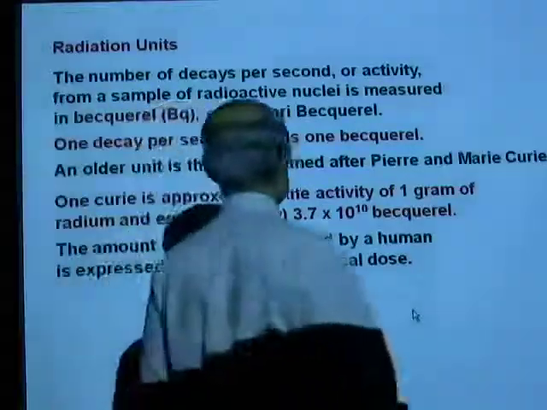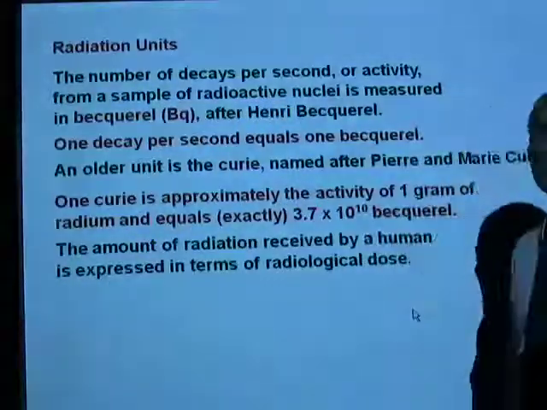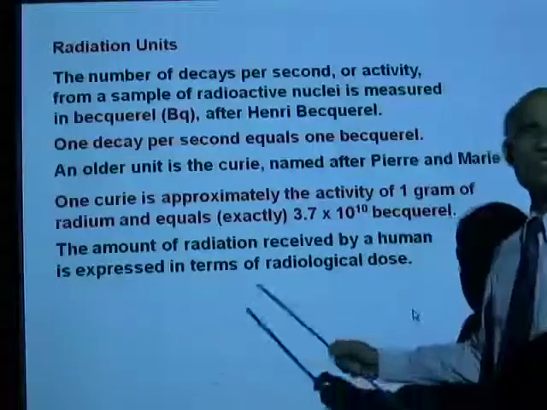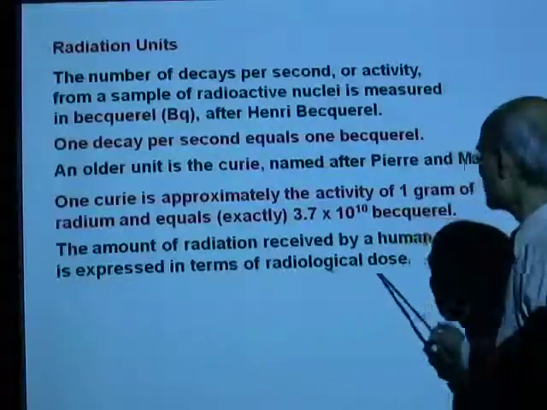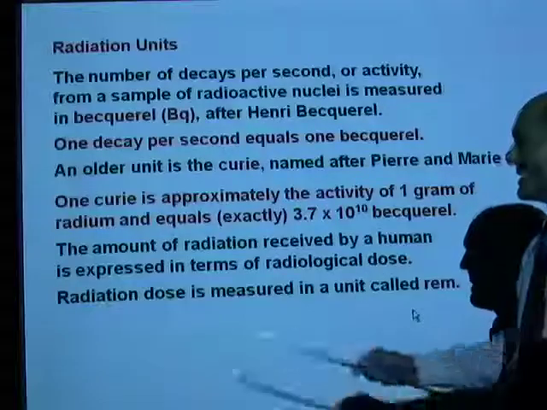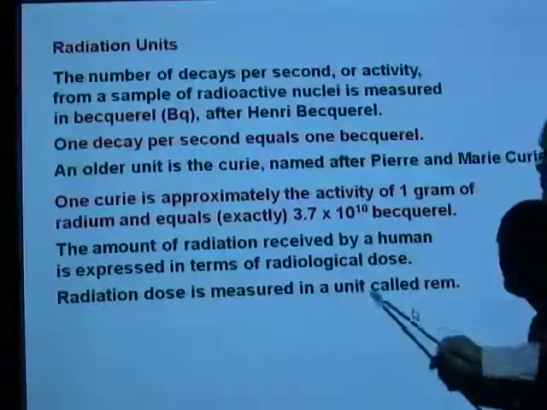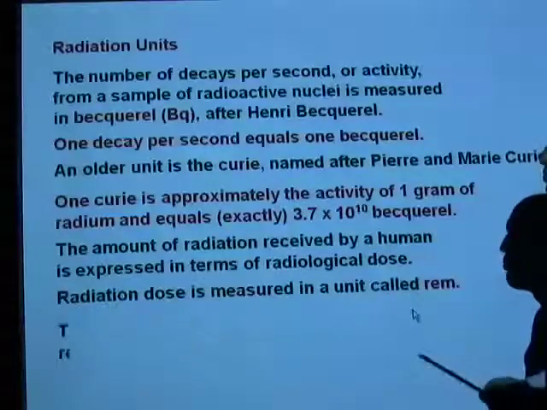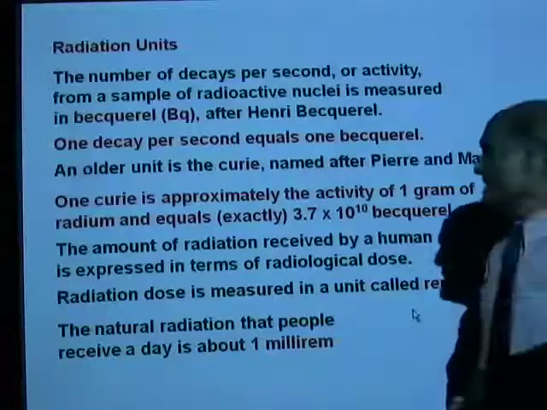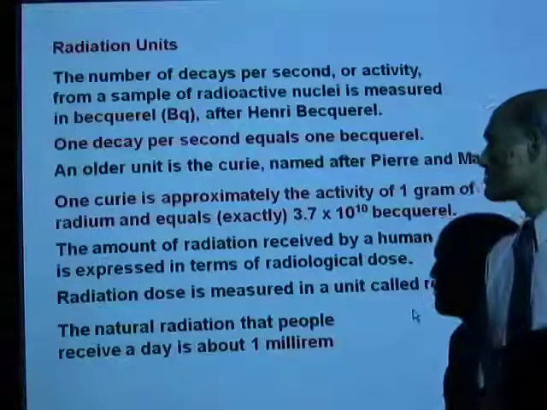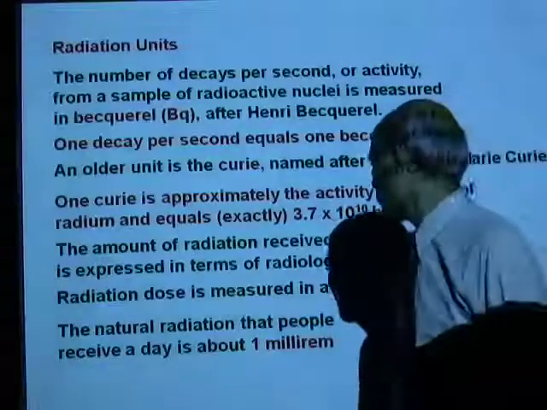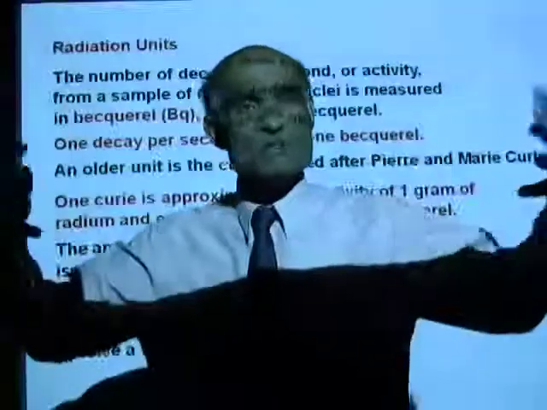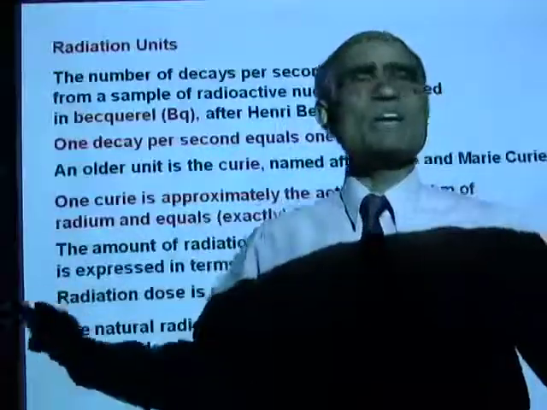Now the amount of radiation received by humans, that is the biological unit of radiation, is in terms of the radiological dose. And radiation dose, the biological unit, is called a rem. The natural radiation that people receive a day is about 1 millirem. As I demonstrated, we actually live in a sea of radiations.